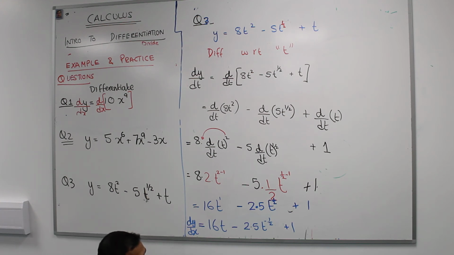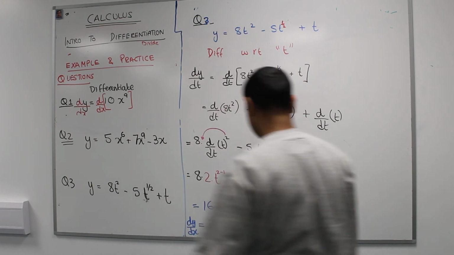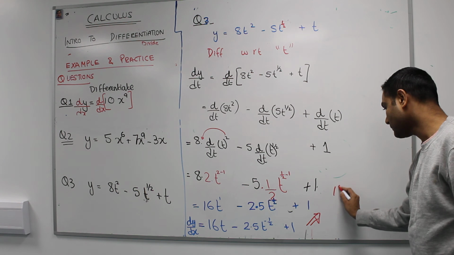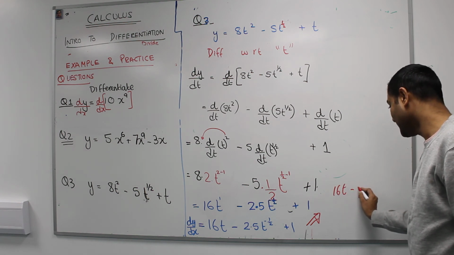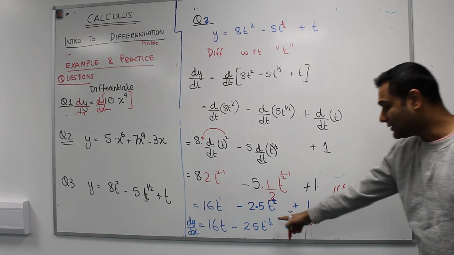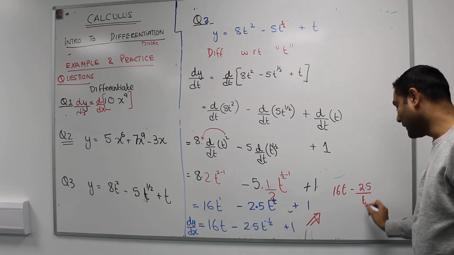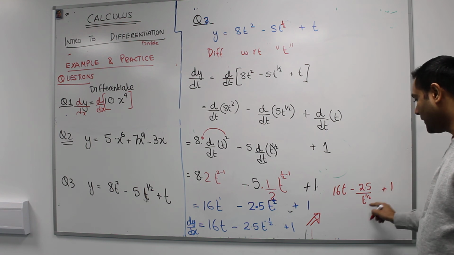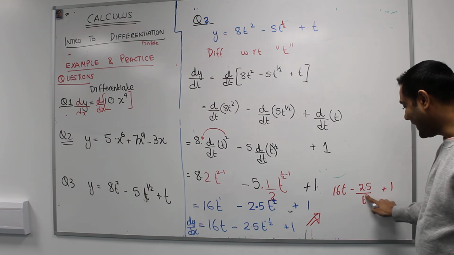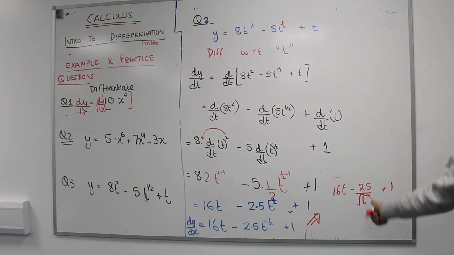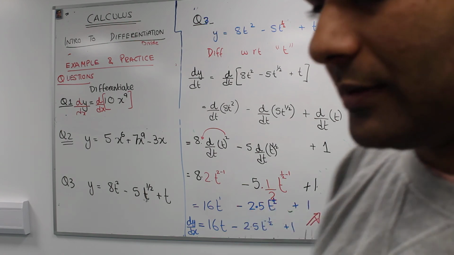You're not going to get extra marks for this extra step, but if you want to do it, I'm going to do that one here. 16t as it is, minus 2.5 as it is, divided by, because it's negative, you can bring it down and make it positive. It will become positive half, and that's a plus 1 here. And the positive half means actually a square root. So you can write that way, but there are no extra marks for doing that step anyway. You can stop at the step before.